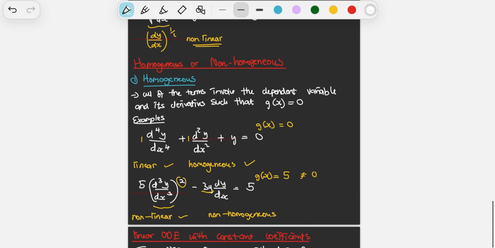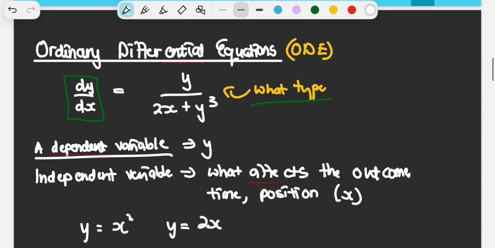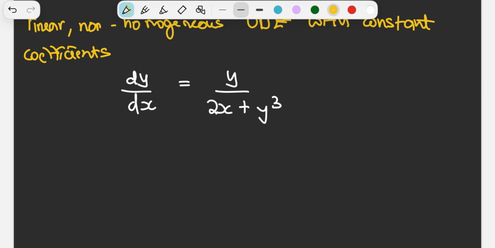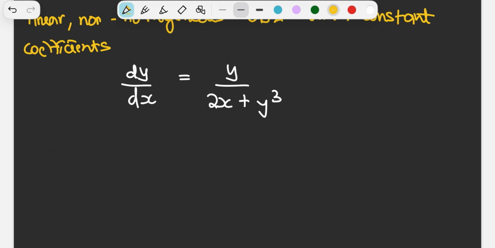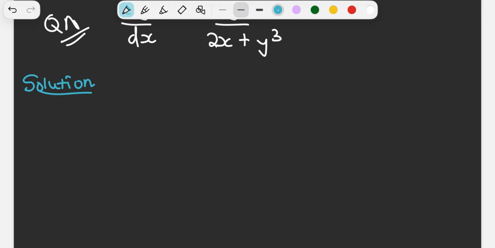So we started off introducing this term over here: dy over dx is equal to y over 2x plus y cubed. This is our question, and I'm going to put my solution over here. We can multiply both sides by 2x plus y cubed.